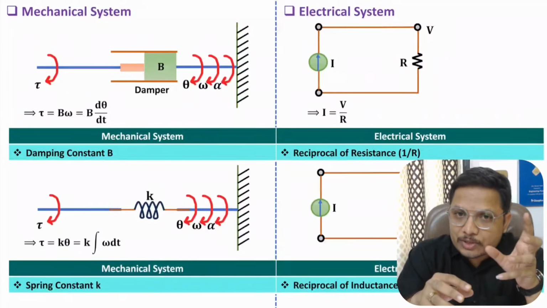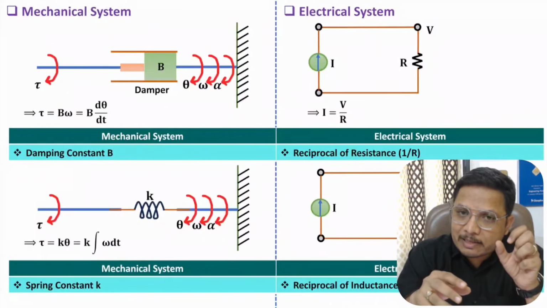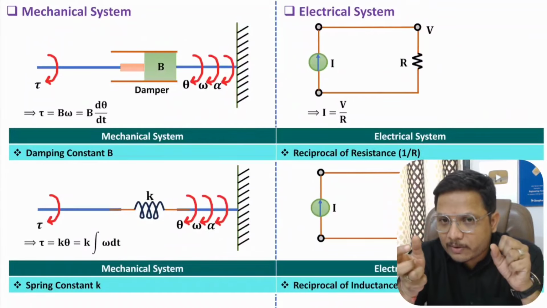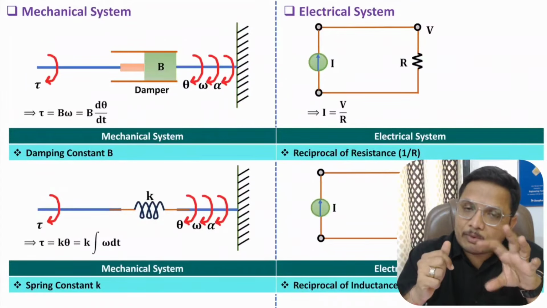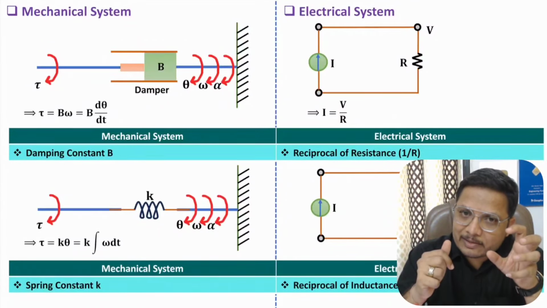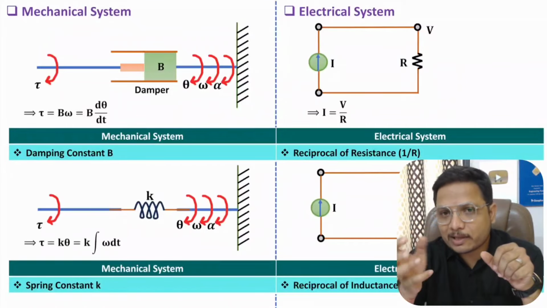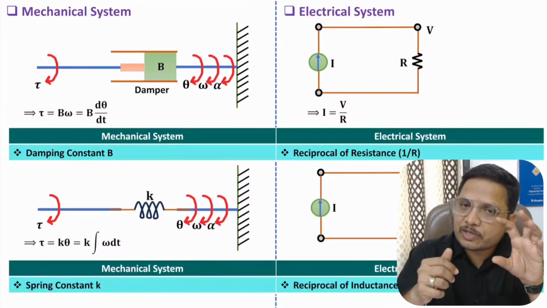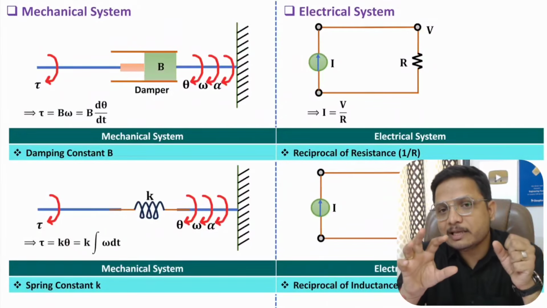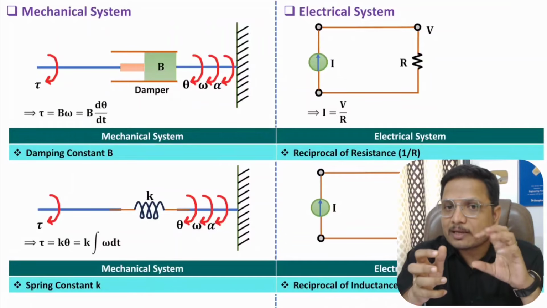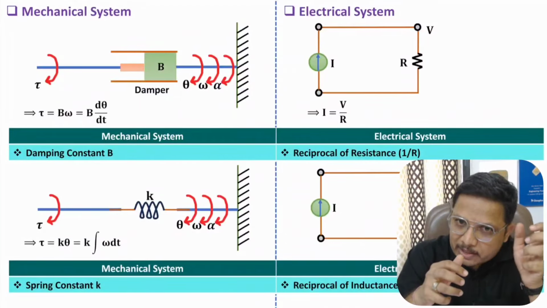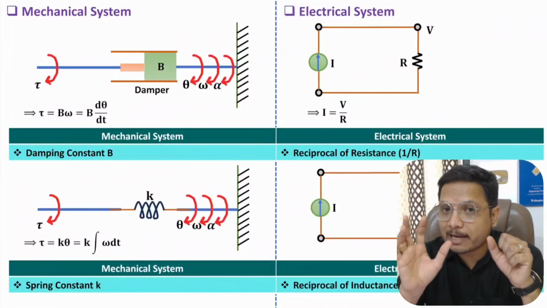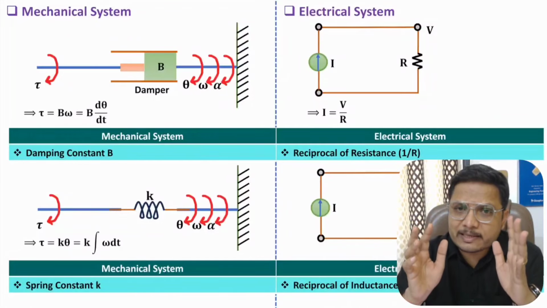In circular motion we have angular displacement, in linear motion we have displacement. In circular motion we have angular velocity, in linear motion we have velocity. In circular motion we have angular acceleration, in linear motion we have acceleration. In circular motion we have moment of inertia, in linear motion we have mass. That is how the differences are there.